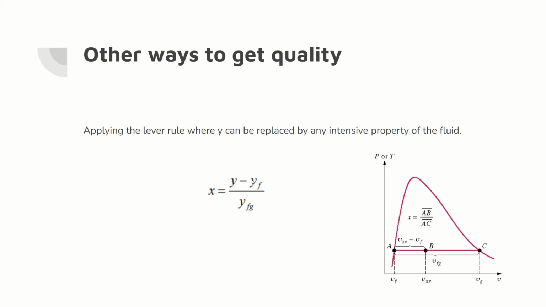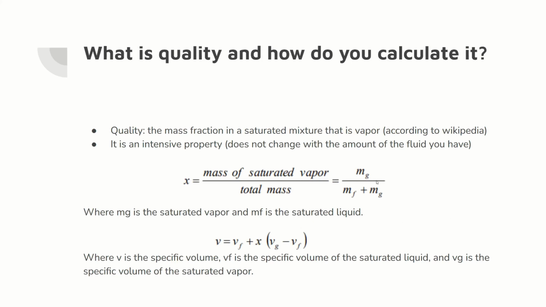Then it's going to be minus the intensive property, but for the saturated liquid. So again, with the example of specific volume, when you're at saturated liquid, that means that your quality is equal to 0, because you have no saturated vapor within your total mass. So mg would be equal to 0 divided by mf, so equal to 0.